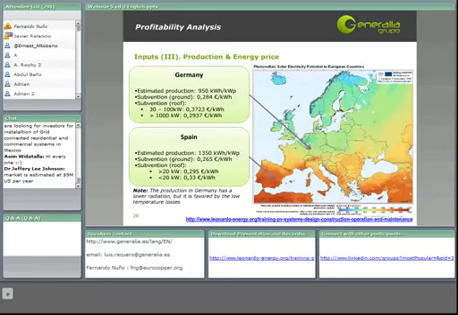Obviously, the subvention is lower in Spain than in Germany, because you can see that the estimated production in Spain is higher than in Germany. In Spain, we can expect to produce about 1,350 kilowatt hours per kilowatt peak on average.